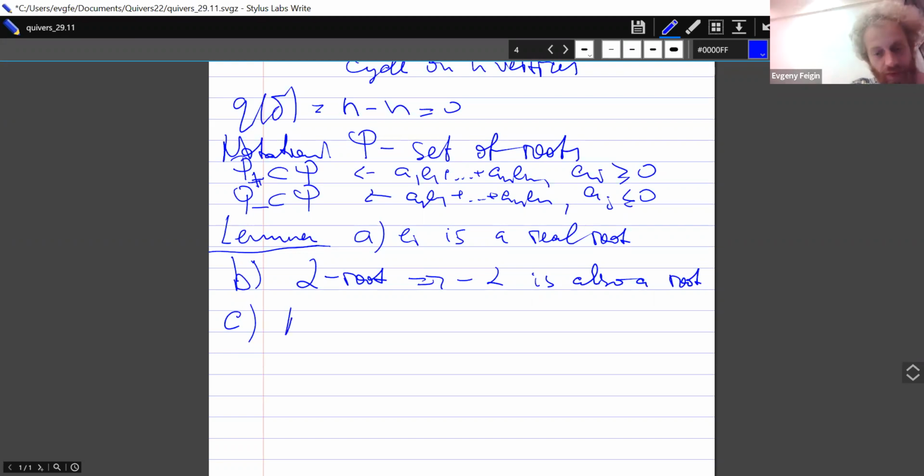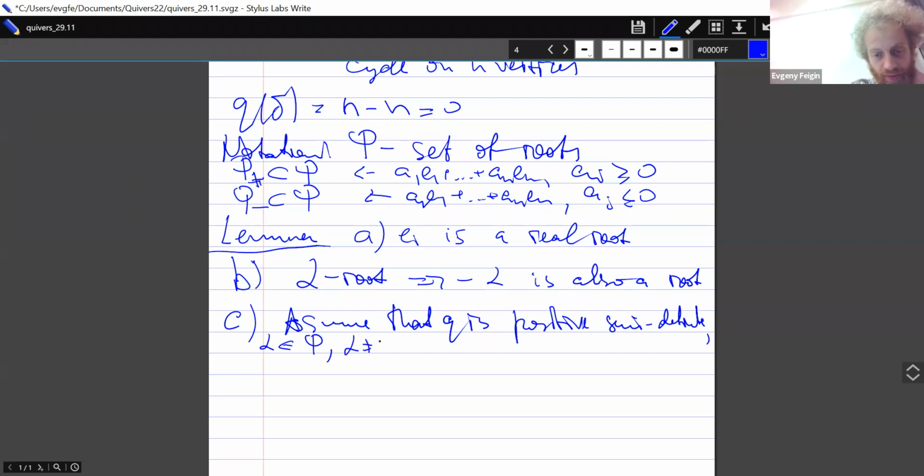So assume that q is positive semi-definite and alpha is in Phi, alpha is not delta.